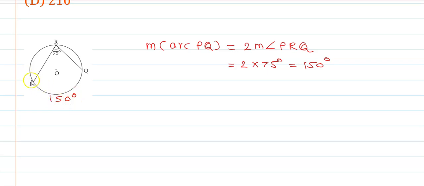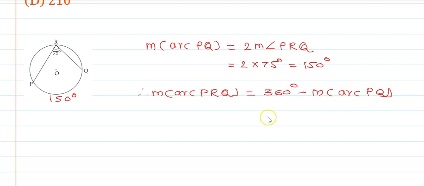And what about the remaining arc PRQ? The total measure of the circle is 360, and from that 360 we subtract the measure of arc PQ. That is 360 degrees minus 150, and therefore you will get the measure of arc PRQ is equal to 210.